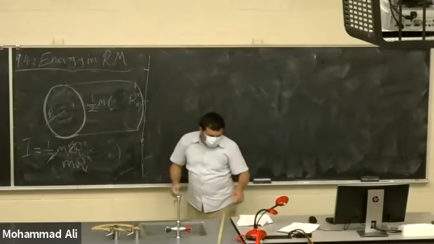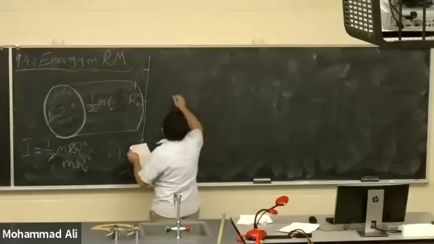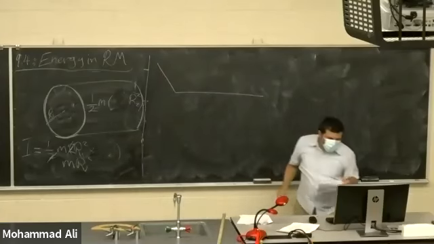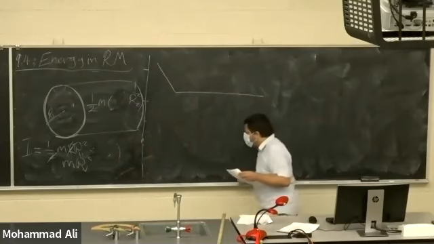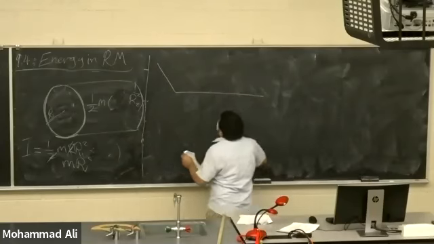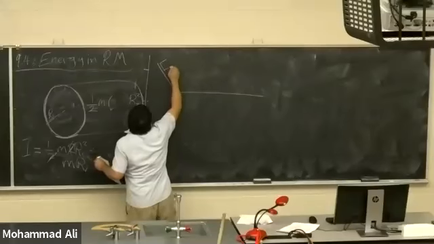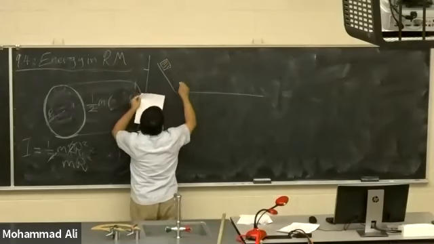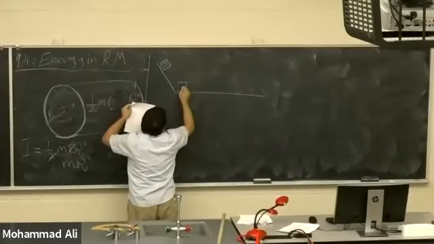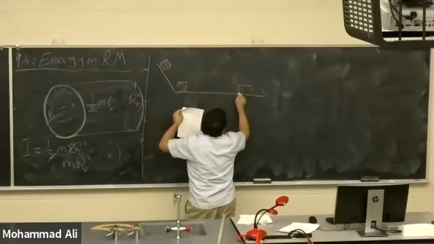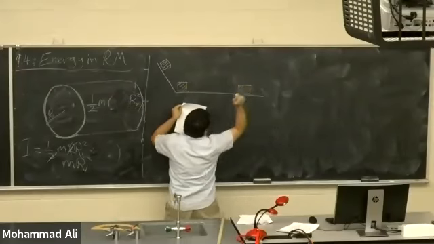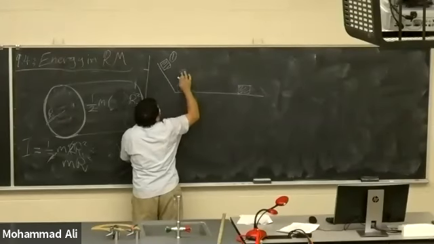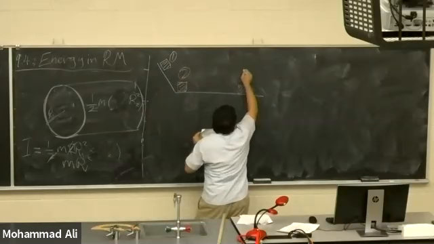a double example. If we have a mass, which is a box, it is light. We have no friction. We have 3 points, 1 and 2 and 3.